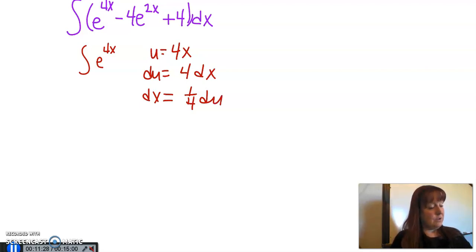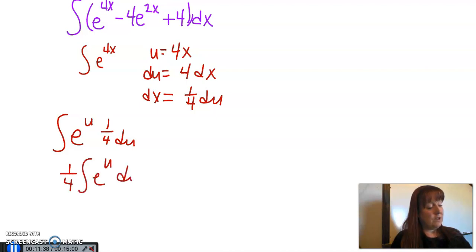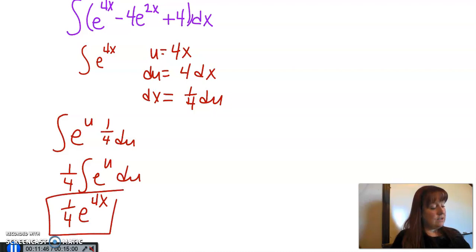So I can substitute that back in, and I have e to the u times 1/4 du. So my 1/4 comes outside, and what is the integral of e to the u du? Well, it's just e to the u. So I have 1/4 e to the u, and u is 4x. Okay, so this is the integral of the first term.